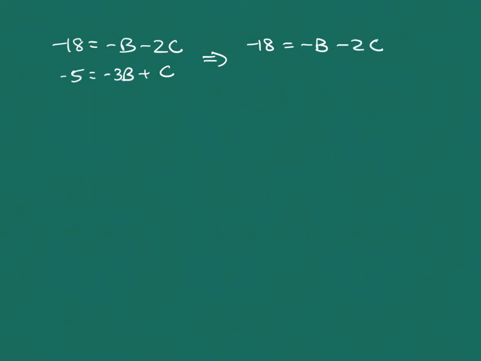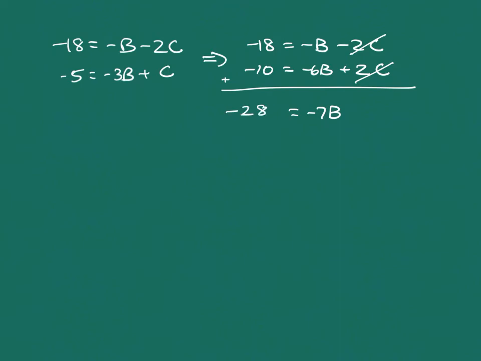Multiplying the second equation by 2, I get a minus 10 is equal to minus 6b, and then plus 2c. So whenever I add those two equations together, what do I have? Our minus 2c's cancel. I get a minus 7b, and I get a negative 28. Which then tells me that my b is going to be 4.